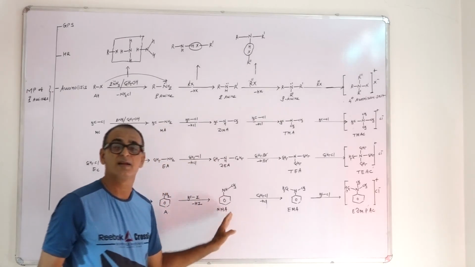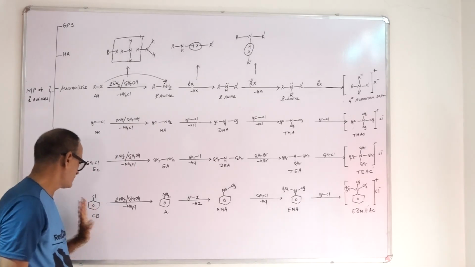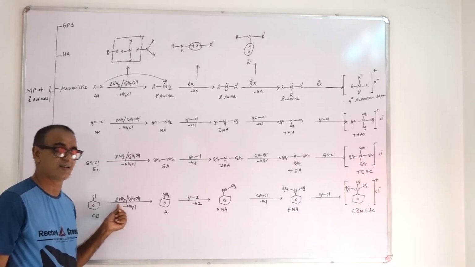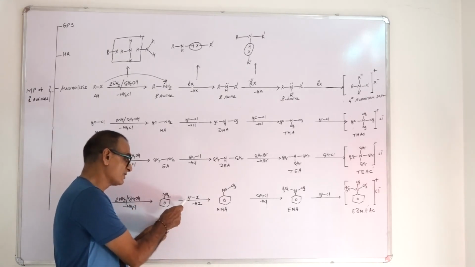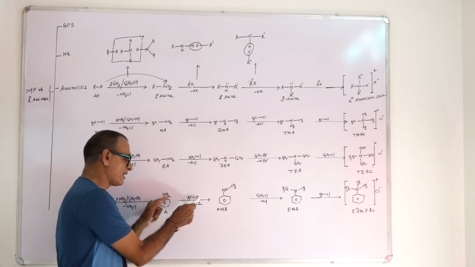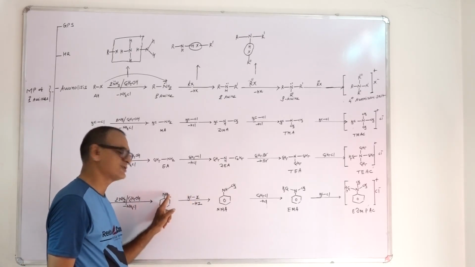Now, any alkyl group can be introduced onto nitrogen. Suppose chlorobenzene, on reaction with NH3 in the presence of ethanol, will give aniline. Now, on reaction with methyl iodide, the hydrogen of the NH2 group and I will combine, and HI will be removed as a byproduct. The methyl group will attach to the nitrogen.